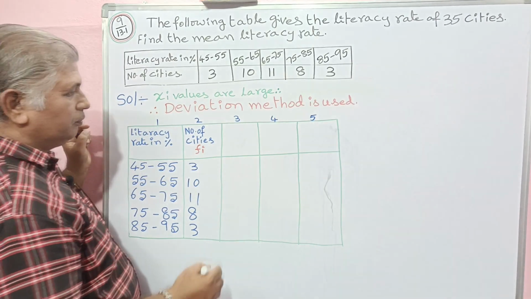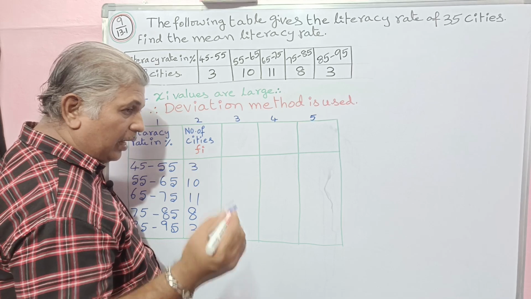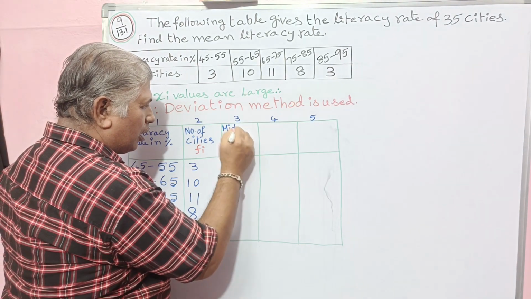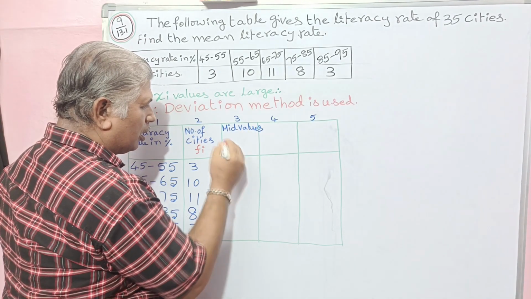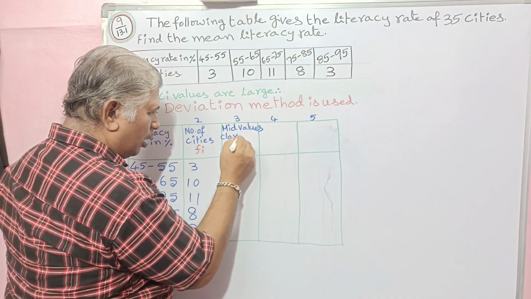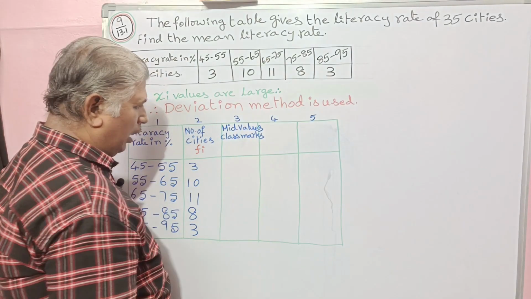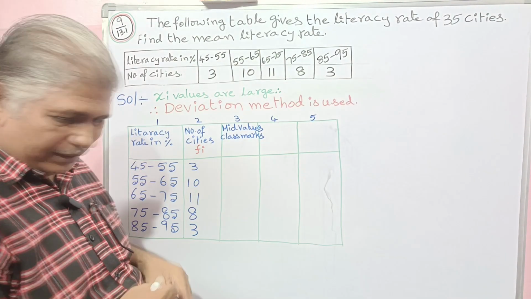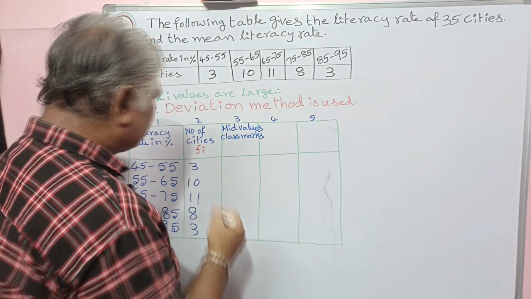What is the third column? Mid values. Mid values means class marks. These class marks are called Xi.